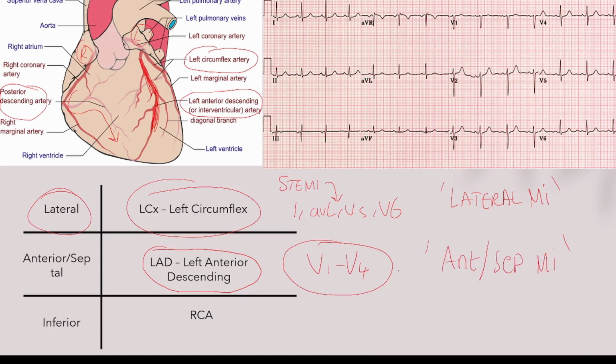Okay? And then finally, if we have a blockage in our right coronary artery, and we saw this on the ECG through our inferior leads, on lead 2, lead 3, and lead AVF, we would categorize this as an inferior MI. Alright, so this is the reason why this is an important idea to be aware of.